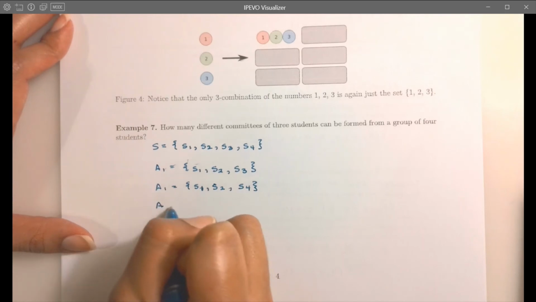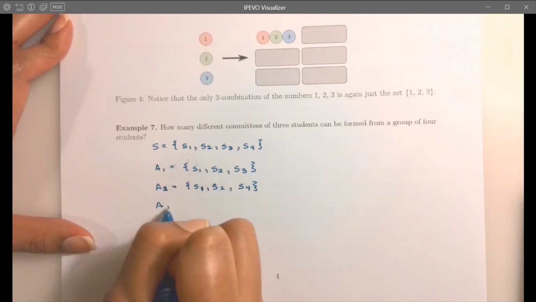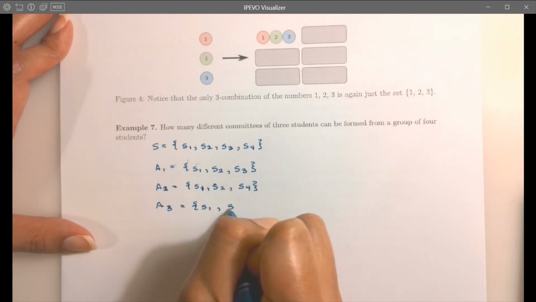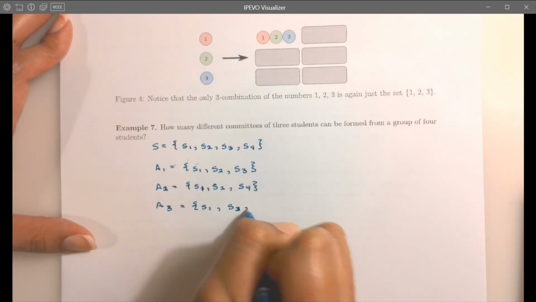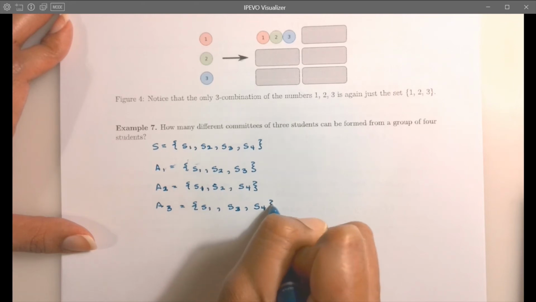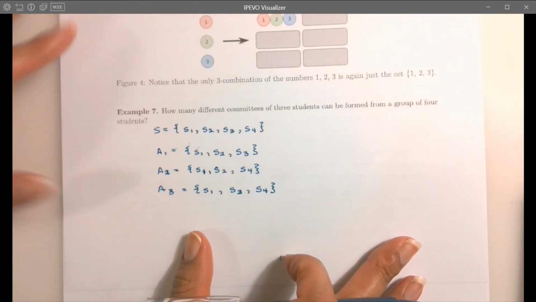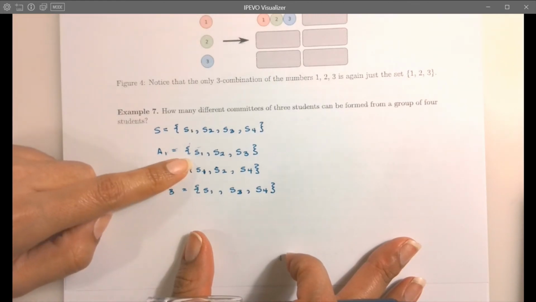Then we could have student 1 combined with student 3 and student 4. And at that point, we pretty much have all of the sets that include student 1.